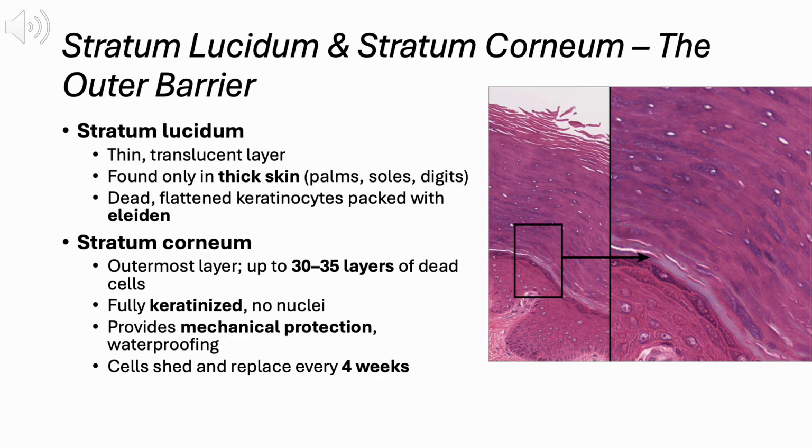You lose millions of these dead skin cells each day. The entire stratum corneum is replaced about every 4 weeks, making it a living system of self-renewal. Cosmetic procedures like microdermabrasion aim to remove this uppermost layer, to reveal the newer cells below and encourage fresh growth.